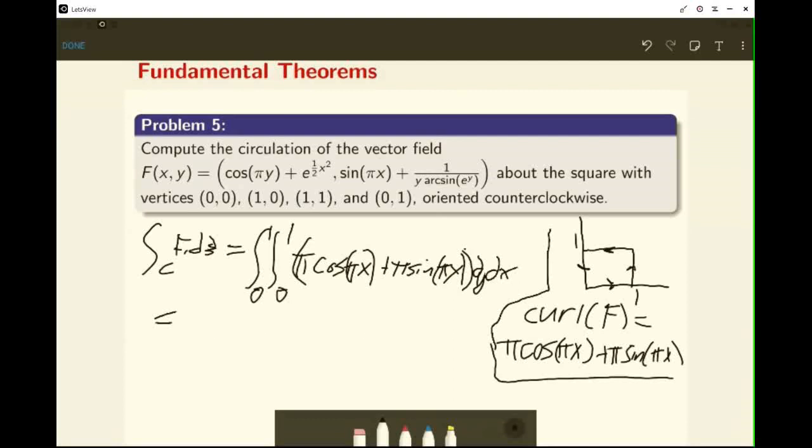What we get is, we can pull out a factor of pi. Cosine of pi x integrated in y from 0 to 1 is just going to stay as cosine pi x. And then sine of pi y is going to antidifferentiate to minus cosine, and we're going to get a factor of 1 over pi.